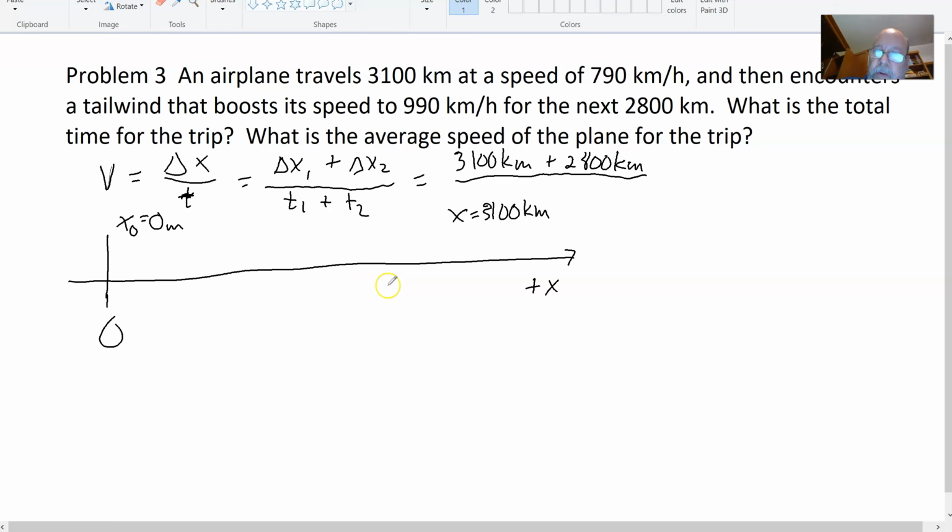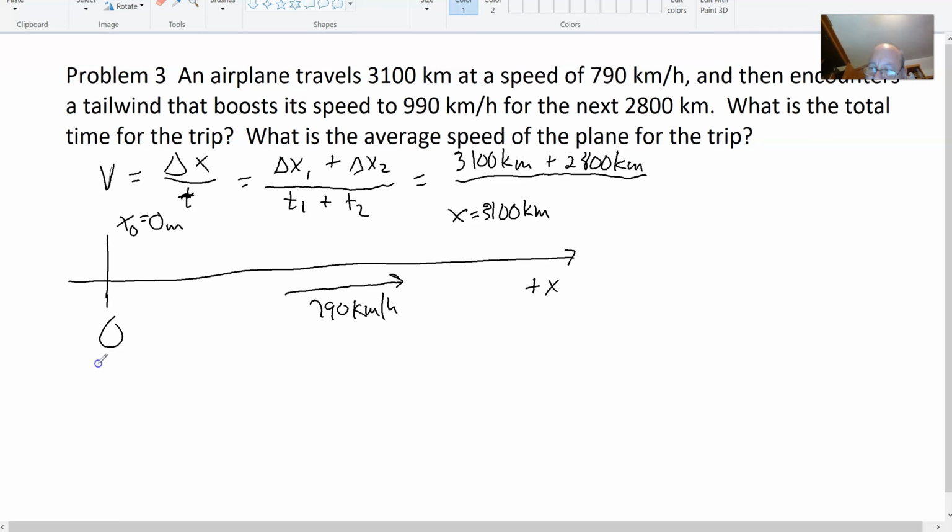We also know that for this motion the velocity is going to be constant at 790 kilometers per hour. So we only need one arrow for the velocity, a 790 kilometer per hour arrow. And then it's not accelerating, so we don't need to put anything down for that.